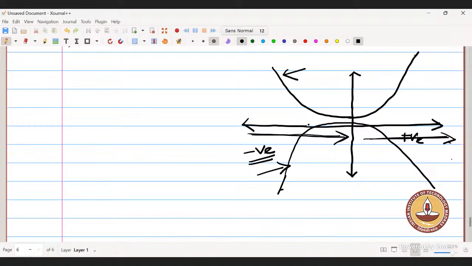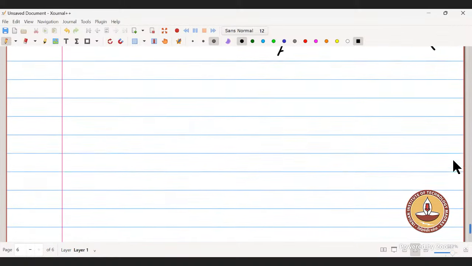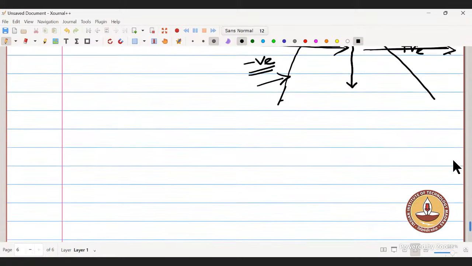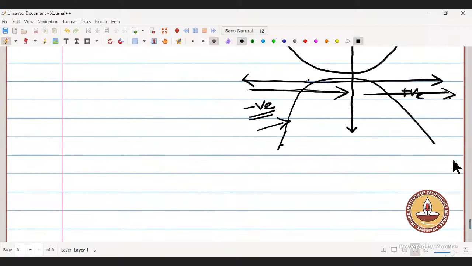Sir, you told that by finding the derivative, if it is less than 0 or greater than 0, we can conclude that it is a decreasing or increasing function. Can you elaborate, sir? Okay, I'll come to that. Take e to the power of minus x or e to the power of x.